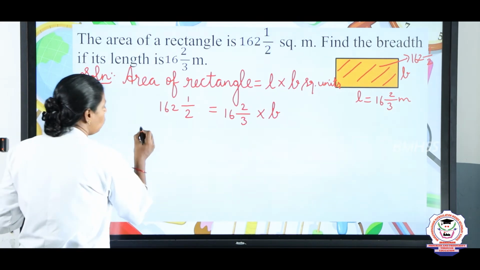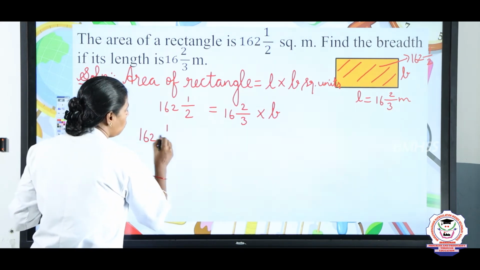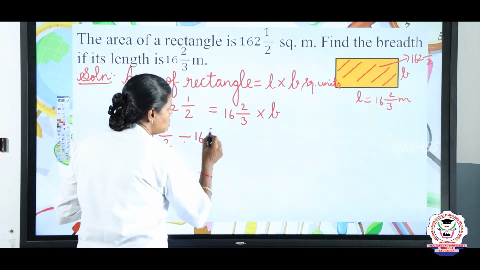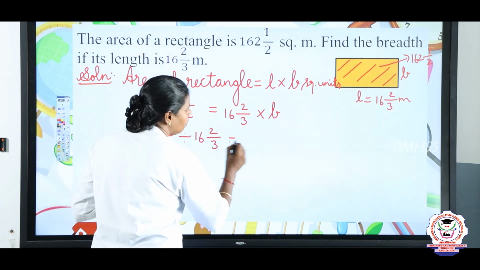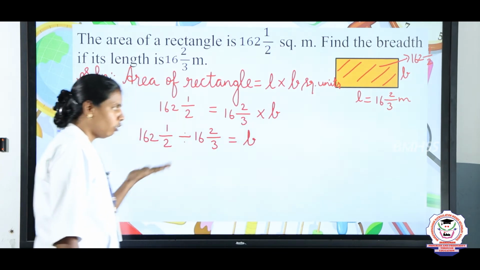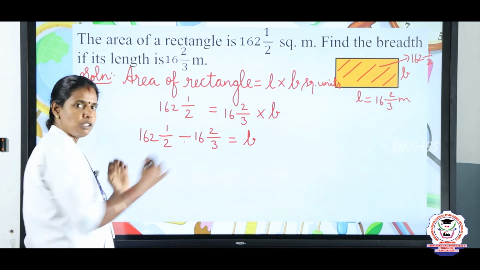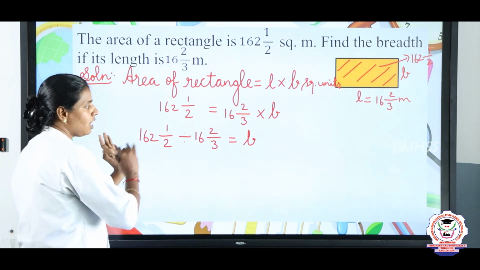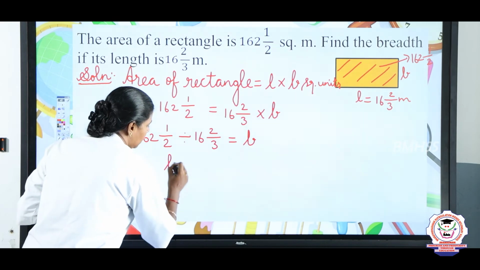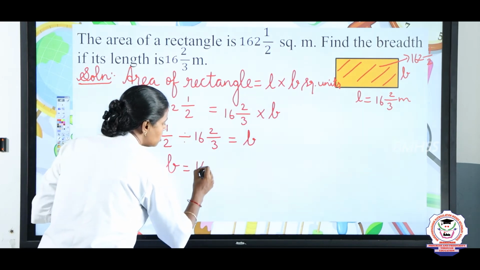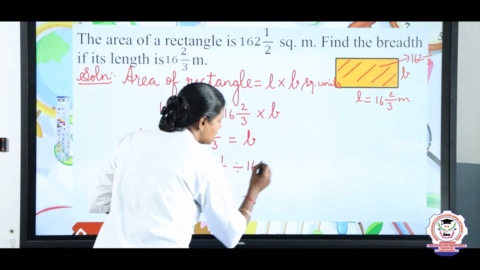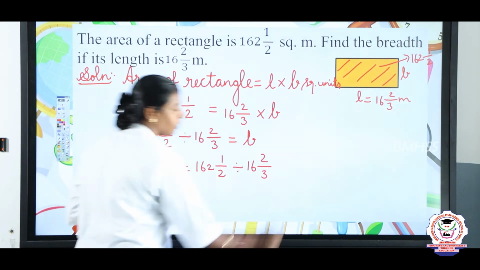So 162 1/2 divided by 16 2/3 equals the breadth. Usually we keep the breadth on the left side, so we just change LHS and RHS. B, that is breadth, equals 162 1/2 divided by 16 2/3.